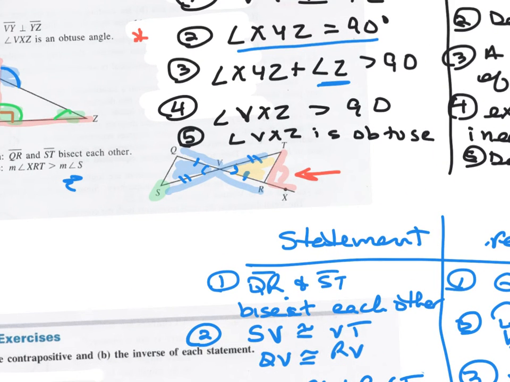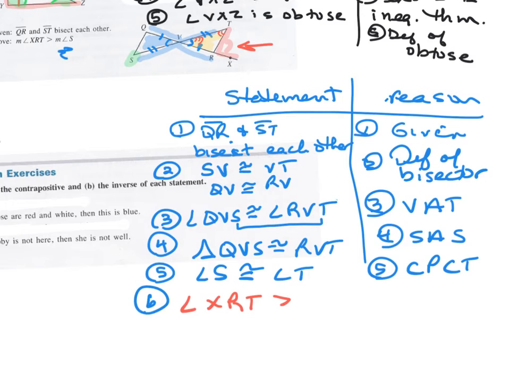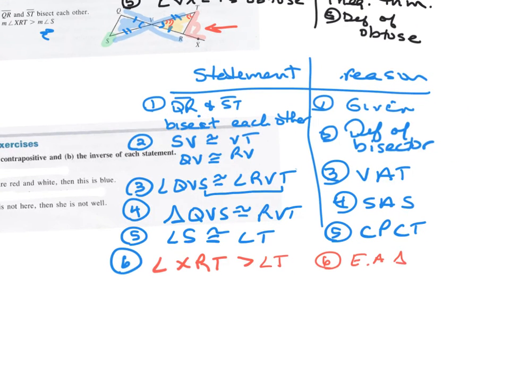So remember, the two that it's going to be equal to are this one and this one. So I could say that angle XRT is greater than just angle T. And that was that exterior angle of a triangle inequality theorem.